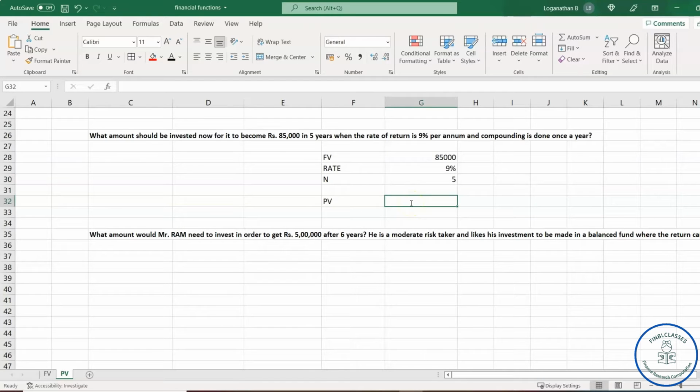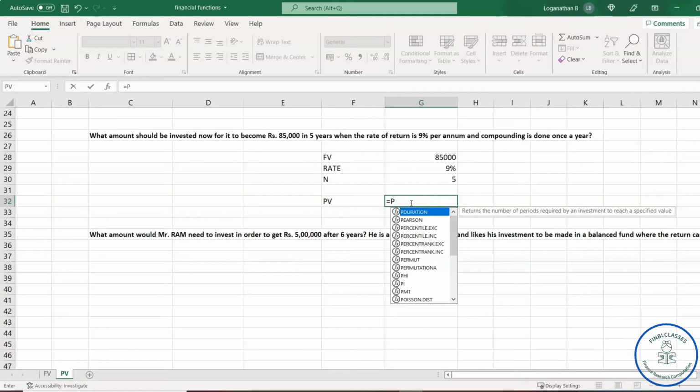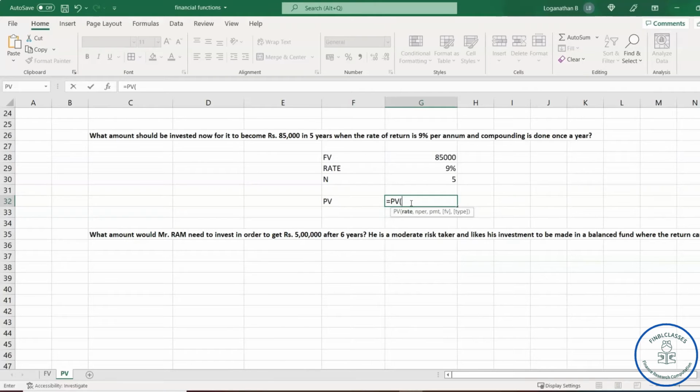Now we'll pull out the financial function, the formula of PV. The rate is given as 9%, and it is annual compounding, so we directly select the rate 9%, comma, and the number of years is 5. There is no annuity, so I put it as 0.